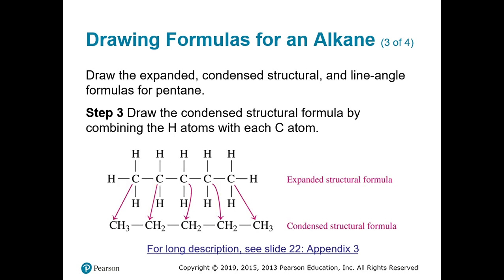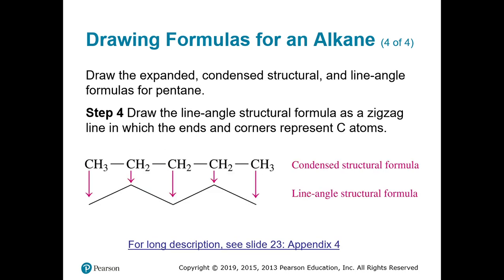For the condensed formula, once you have drawn the expanded formula, we can directly convert it to the condensed structural formula. So we draw C and 3 hydrogens as CH3. The next one is CH2, CH2, CH2, and CH3. Once we have drawn the condensed structural formula, we can convert it to the line angle formula.